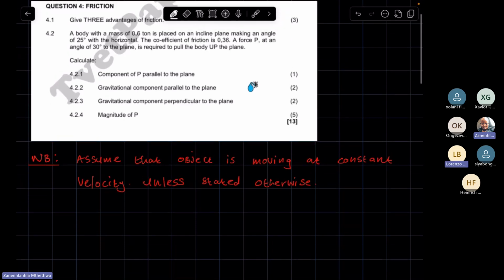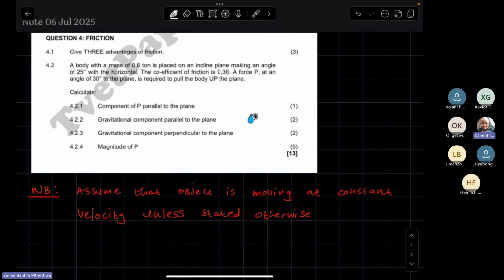An equilibrium? Yes, it means the vector sum of forces is equal to zero. That is correct. It means the sum of forces in the x direction we take as being equal to zero. Sum of forces in the y direction we take as being equal to zero. All right. But like I said, unless that has been stated otherwise.